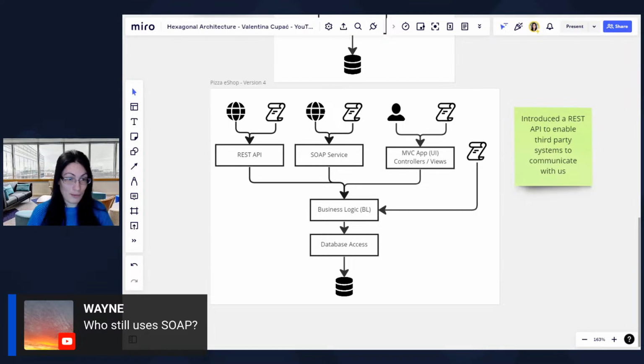And even some companies who are using FTP or various other kinds of really, really old styles of communication. And this is another reason why it's really important to have this kind of separation, so that regardless of which protocol is chosen, we can support it.